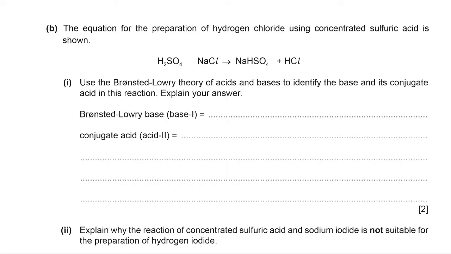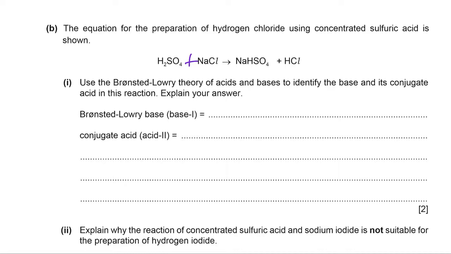Another question: the equation for the preparation of hydrogen chloride using concentrated sulfuric acid is shown here, plus NaCl. This will form sodium hydrogen sulfate and hydrogen chloride.